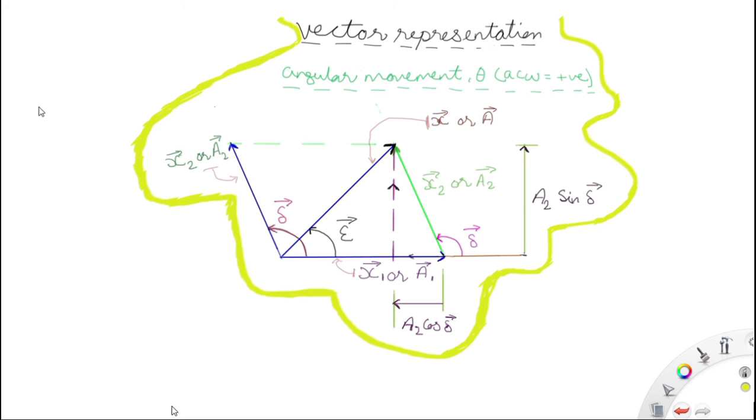Okay, x is for the resultant linear displacement, and a is for the amplitude of the linear displacement, both are SHM only, simple harmonic motion. And in the diagram that we discussed, the sign convention used was that angular displacement theta has been treated as positive when it is taken anti-clockwise.